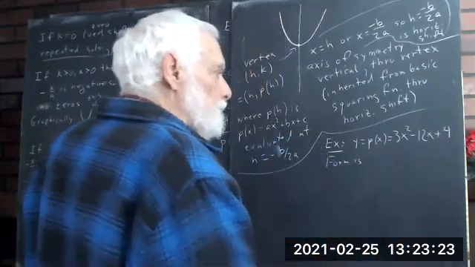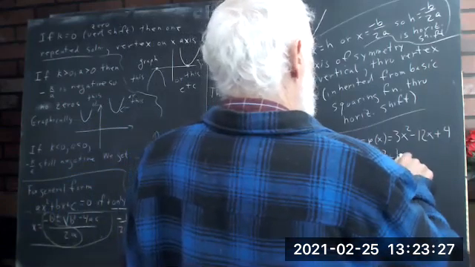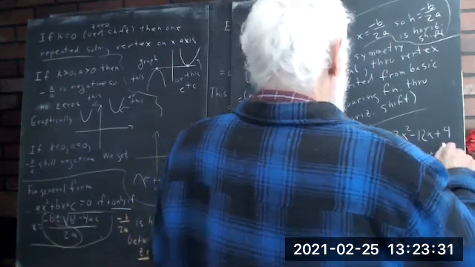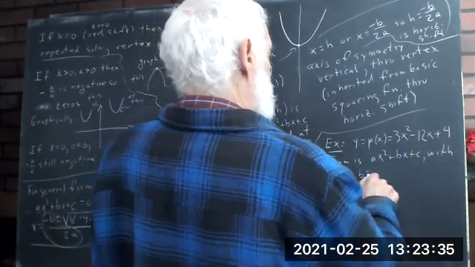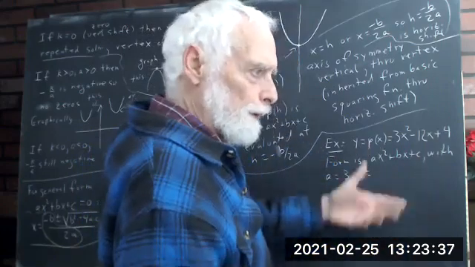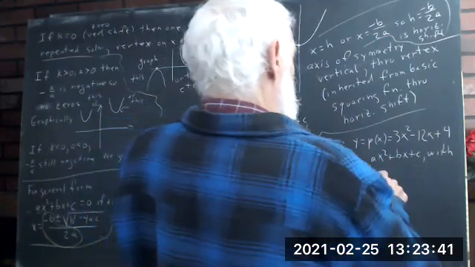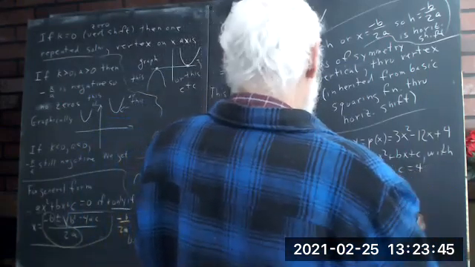The form is ax squared plus bx plus c, where a is 3, b is negative 12, and c is 4.